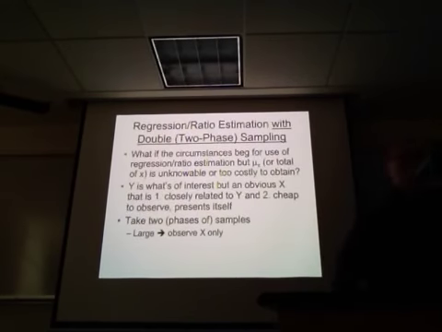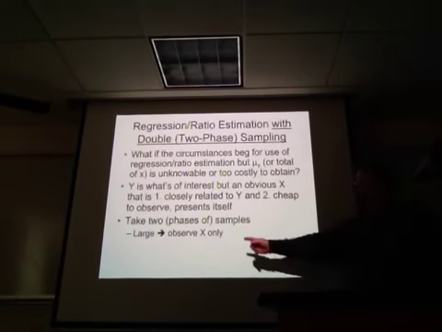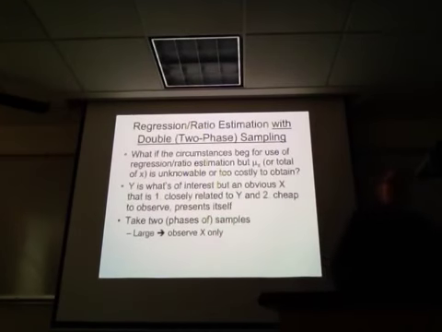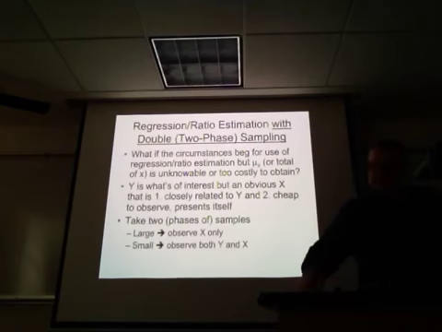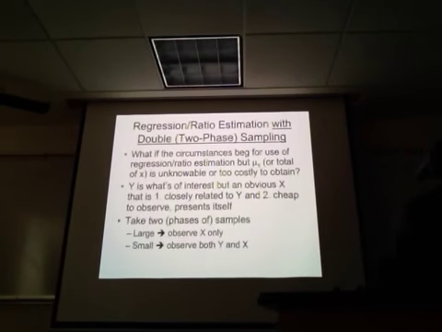We'll take a large sample, and on that large sample we'll observe only the auxiliary variable. We'll also take a small sample. And on that small sample, we'll have data on both the auxiliary variable and the variable of interest, x and y.